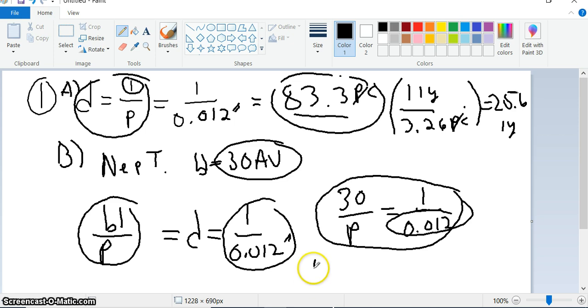It's really simple. The parallax will equal 30 times 0.012, and of course that's arc seconds. And so the parallax as seen from Triton would turn out to be 0.36, and of course it's still in arc seconds. So quite a difference.